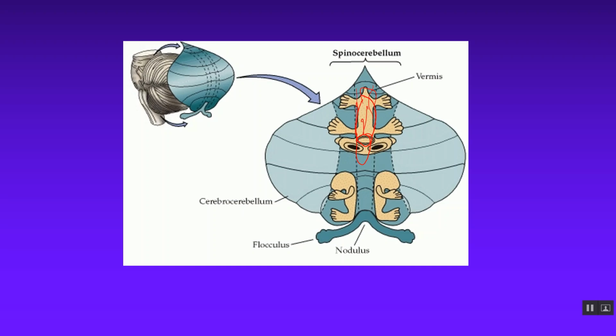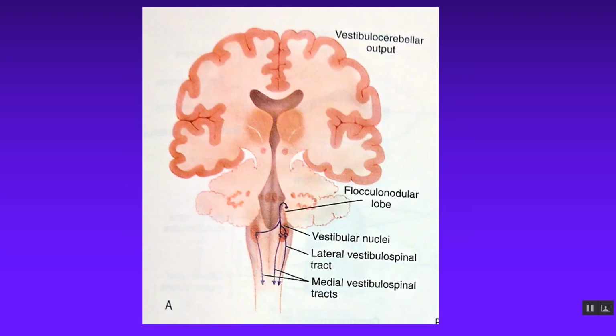And then the flocculus, they don't show the vestibular apparatus associated with it, but your proximal muscles are here out in the paravermal region, and your distal muscles are out in the lateral hemispheres, okay? So there's kind of like a homunculus on the cerebellum. There's some somatotopic arrangement to the cerebellum.